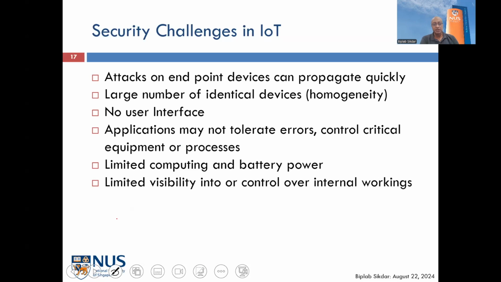It's a little more difficult. And also the limited computing and battery power makes things difficult. And in many cases, the IoT is being used for controlling applications that need to run 24/7. So there's hardly any room for updating, installing patches, and things like that.